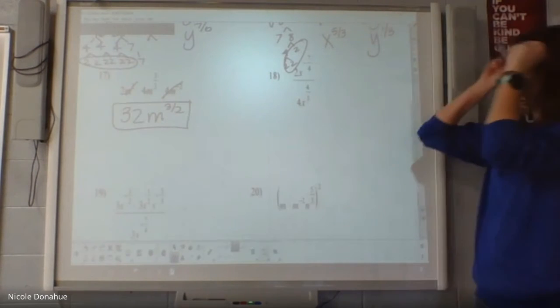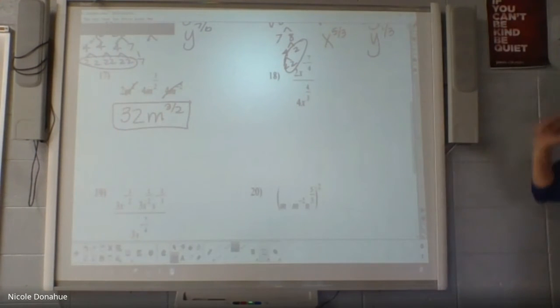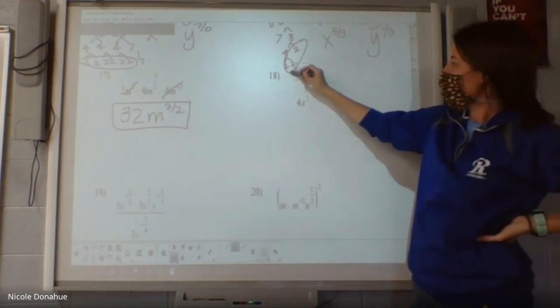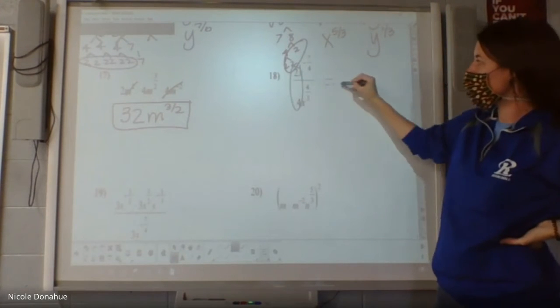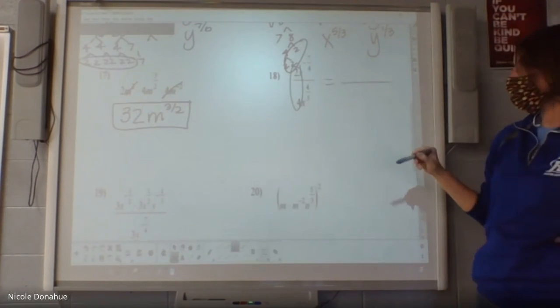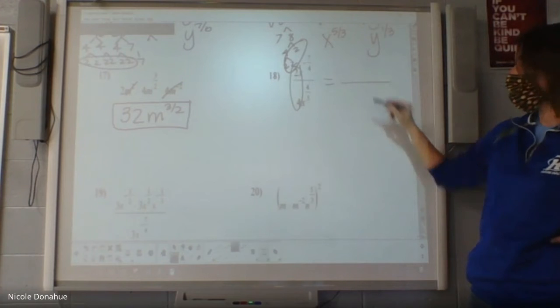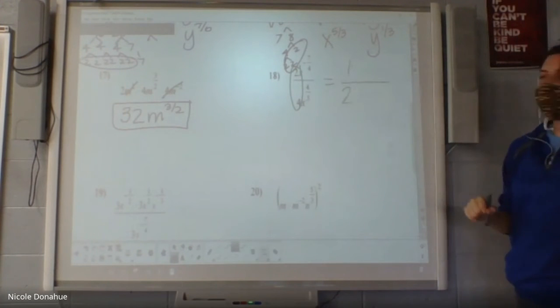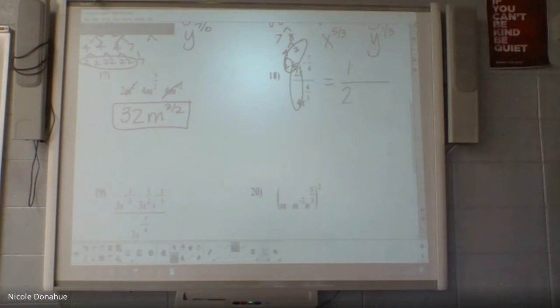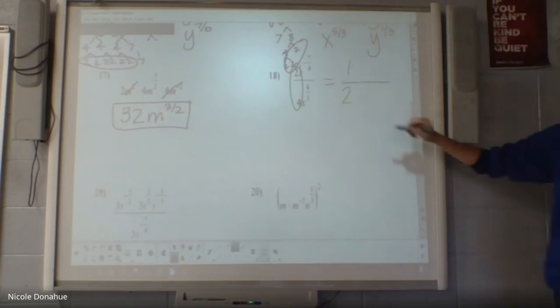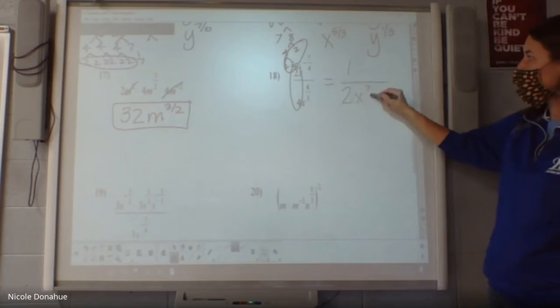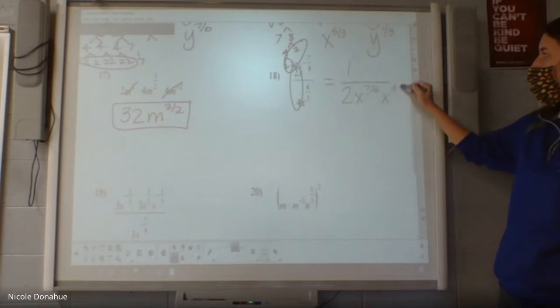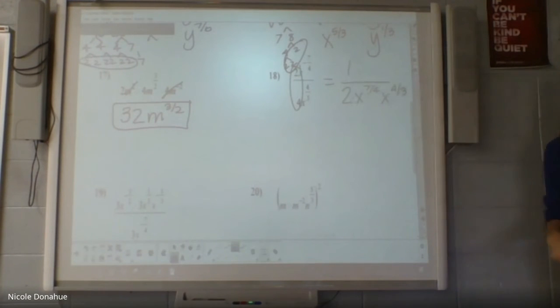Okay. All right. So number 18, I would look at the 2 over 4 first. 2 over 4 would be half. Then that negative exponent, I'm going to move that one down. And then I have to add those exponents.